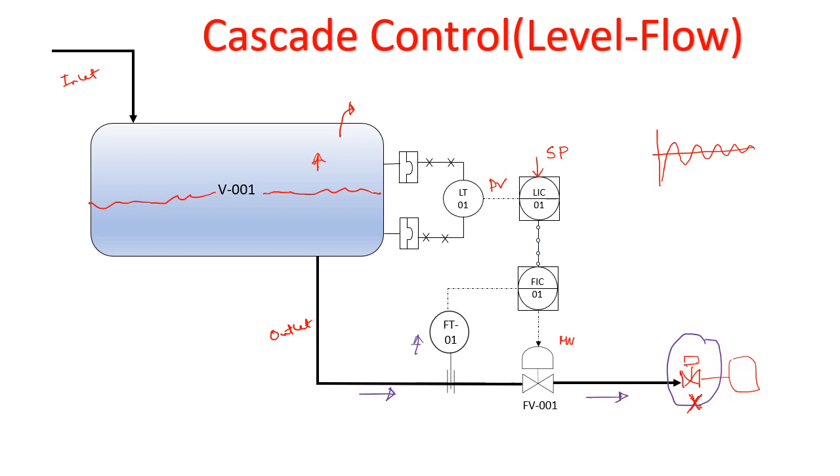This is a flow meter and it senses the flow first. And let's have a flow controller and have a closed loop with the flow itself, right? And instead of the operator giving the set point to this FIC, let the output of the LIC, which is the MV, become the set point for this one.